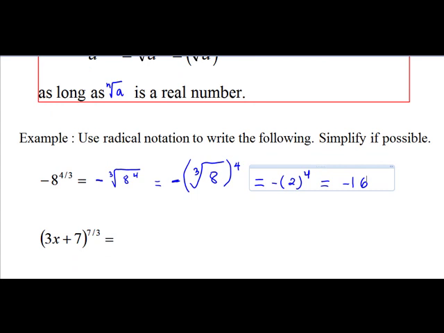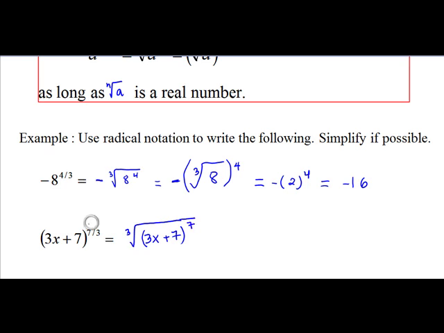Now, next example, you have 3x plus 7, the whole thing raised to the power of 7 over 3. So 3x plus 7 is your base. When you write this in radical notation, you have 3 as the index outside. You have 3x plus 7, and then the whole thing to the 7.